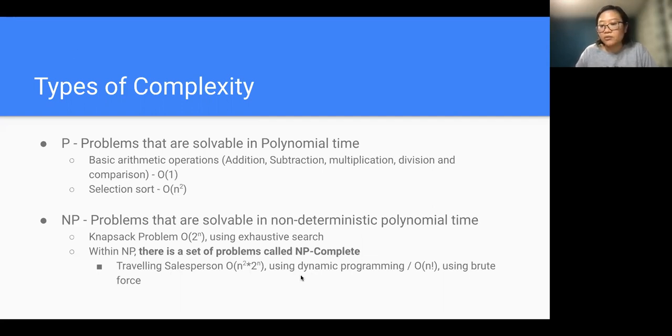Using dynamic programming, you can say n squared times 2 to the n. Still, you have an n in the exponent, so never going to be a P-type problem. Or if you just use brute force, as in just consider all possible combinations of your routes, that is factorial complexity.